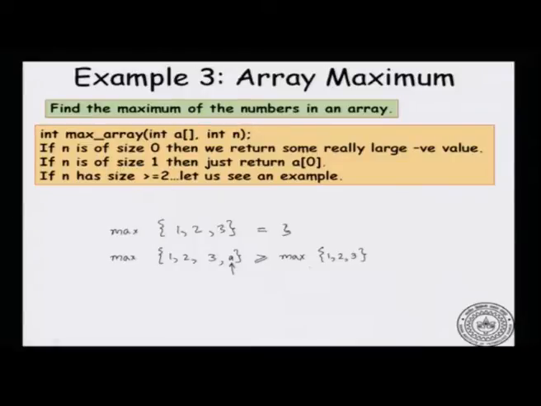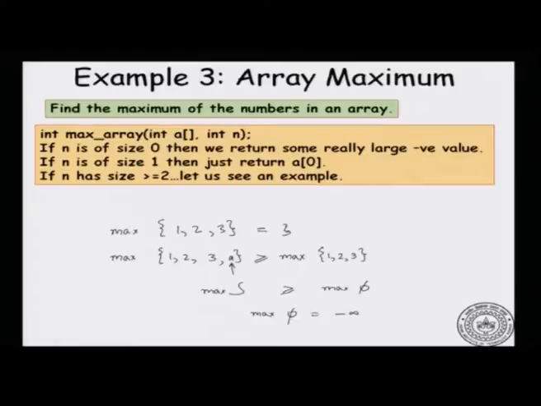Now, this means that what will be the maximum of the empty set? The empty set is a subset of every set, right. So, no matter which S I pick, maximum of S has to be greater than or equal to the maximum of the empty set. This means that a reasonable value for the maximum of the empty set is minus infinity.